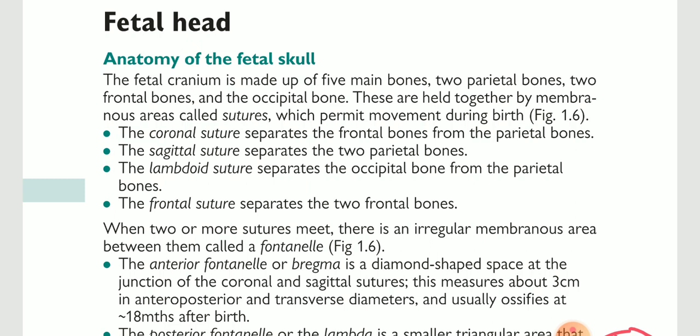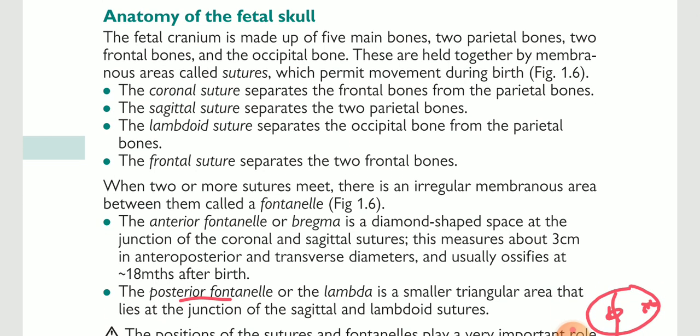These are held together by membranous areas called sutures, which permit movement during the birth. The sutures are the membranous areas present between the bones, and their function is to divide the bones from one another. Second, during fetal development these sutures are not completely ossified or fused.